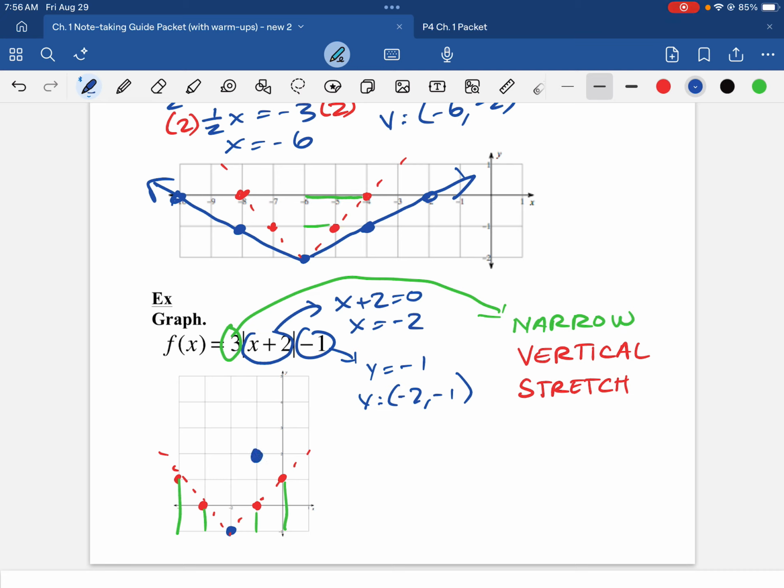So there's that first set. And the outside points are 2 units above. If I triple that, it's 6. So I want these to be 6 units above the vertex, which puts me at the very top of the provided graph. And then I've got a narrower V by way of a vertical stretch. All right, that is the end of the section, and I will see you next time.